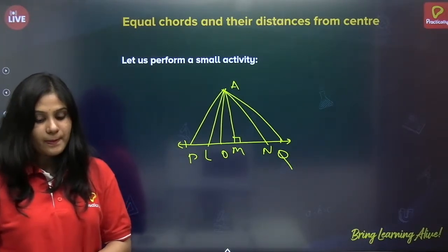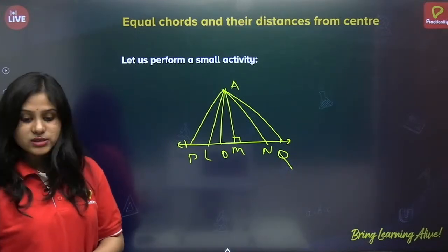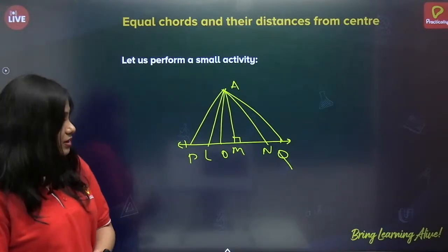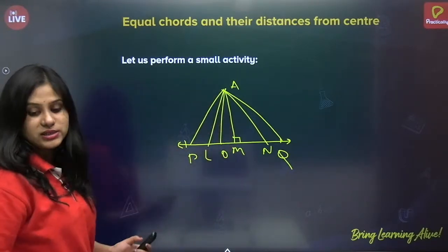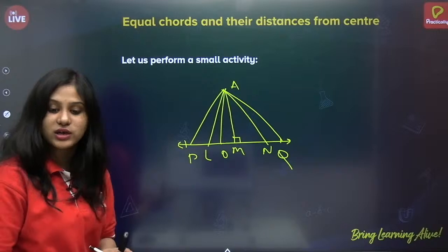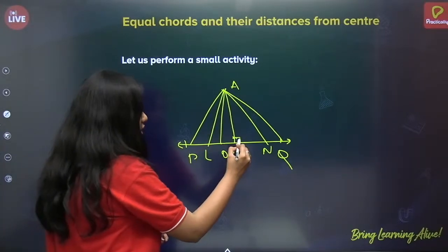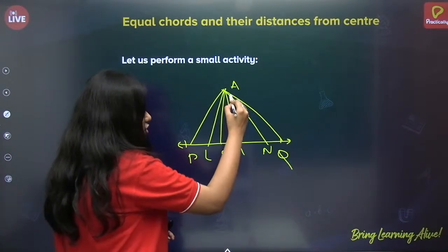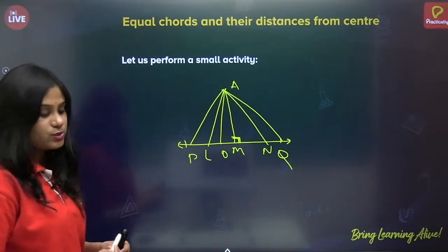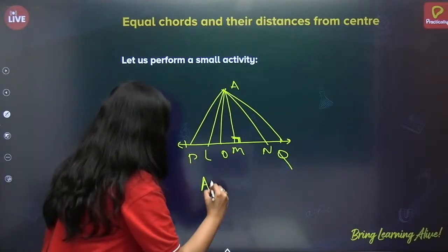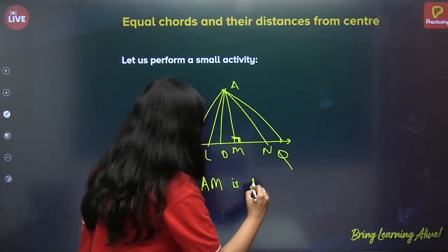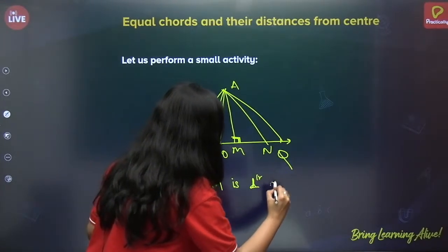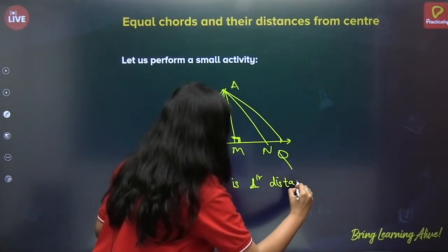Okay. Is AL the distance, AO the distance, or AM the distance, or AN the distance? Of course, only AM is the distance, or AM is the perpendicular distance. Why? When it is perpendicular, this is the shortest distance as well, right? So we say that AM is the distance, or AM is the perpendicular distance, correct?